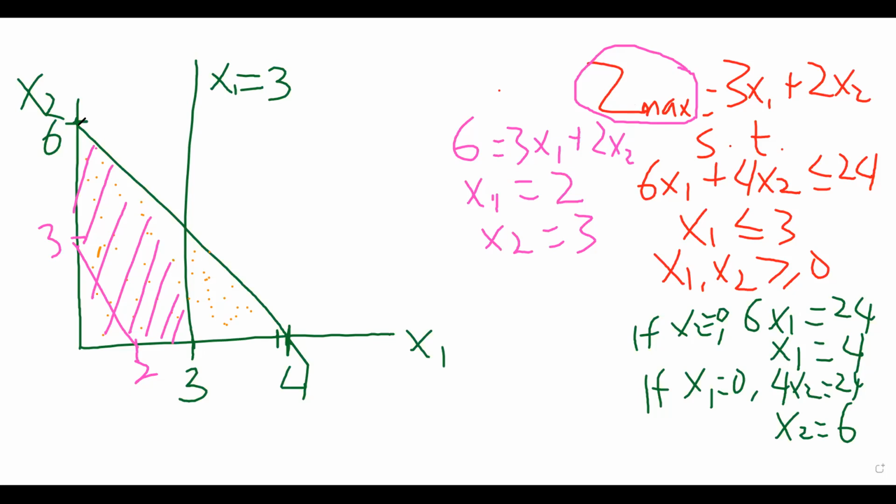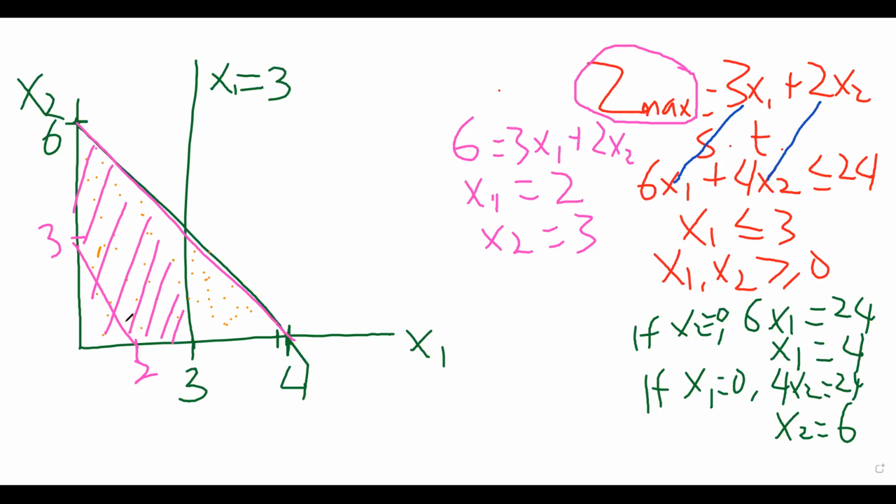The easiest way to see that is the link between x1 and this constraint: the link between the two is 2, and the link between this one too is 2. So if you multiply 2 by 3, you get 6. And that is a clear indication that the two of them have got a connection.